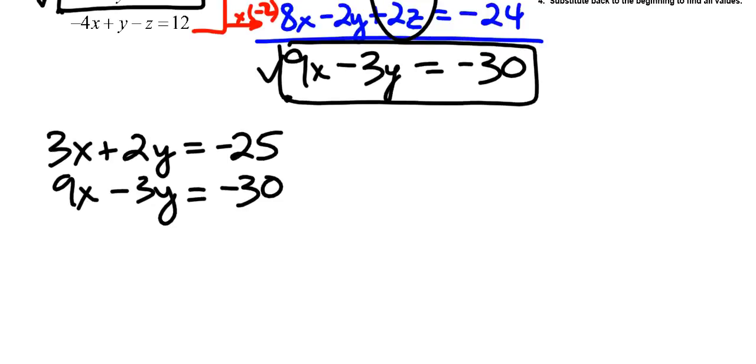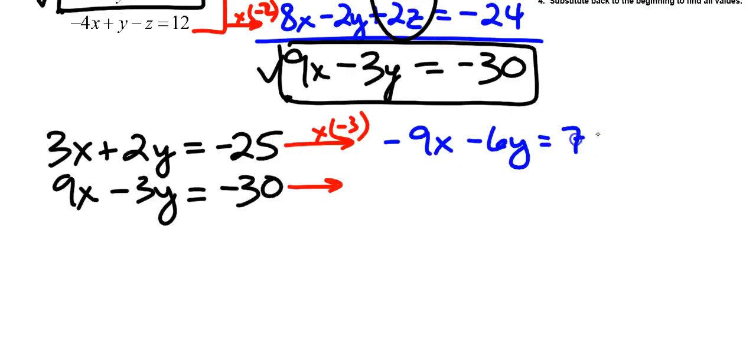If I choose to eliminate x, which is what I would probably do here, I would multiply this equation by negative 3. I'm going to keep this one the same. That will give me a negative 9x on this first one, and that's going to make minus 6y equals positive 75, because negative 25 times negative 3 is 75.